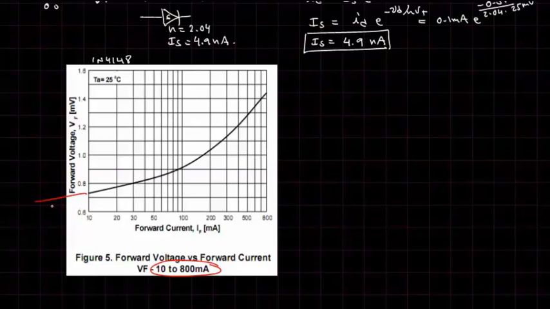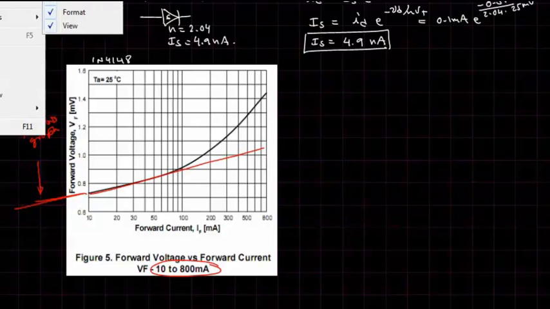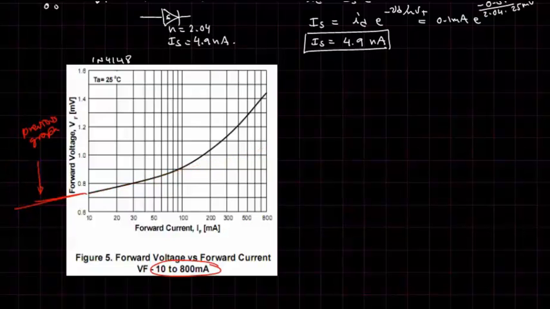So we just looked at the region down here. The previous graph was right here, and what we find is that this curve doesn't remain a straight line. It actually starts curving up.